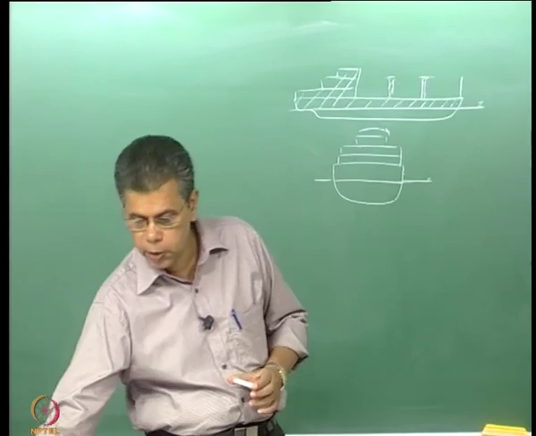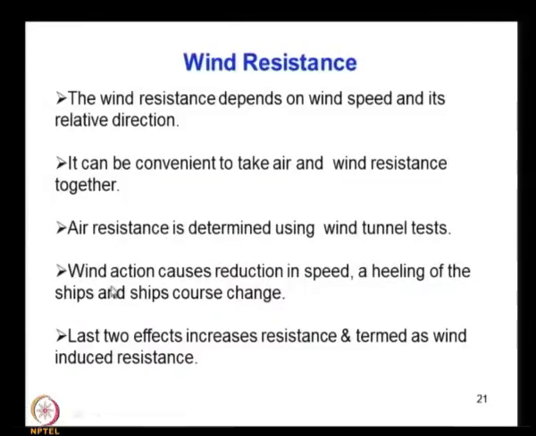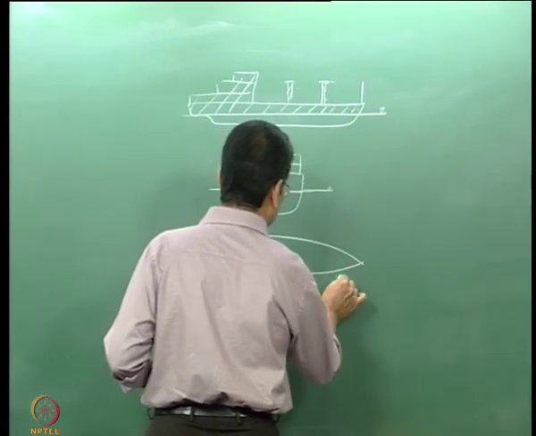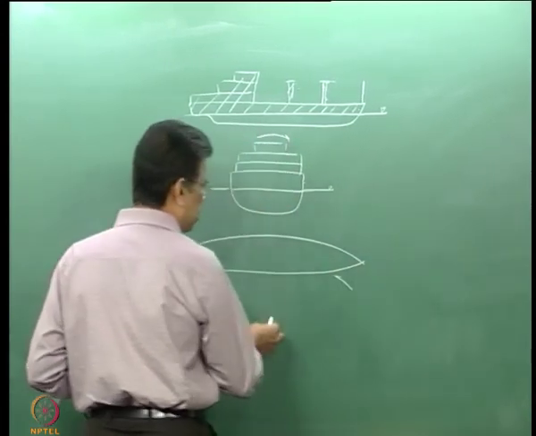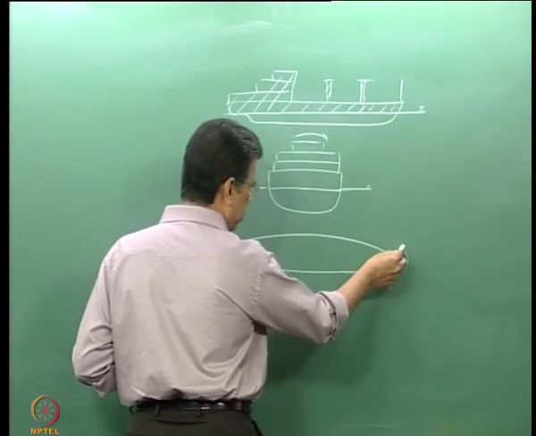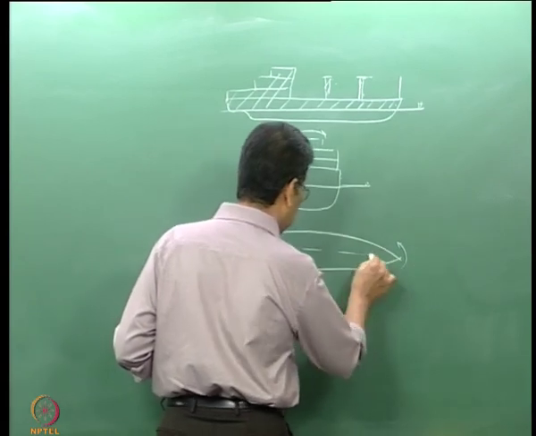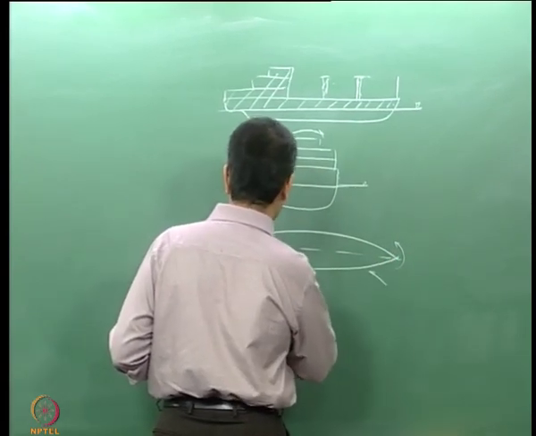So, the heeling of the ship causes a reduction in speed, that is, the resistance increases. Then the third one, the ship course change. If you consider the plan view, if the wind acts maybe in this direction, it induces a moment in this direction and then the ship will turn this way.